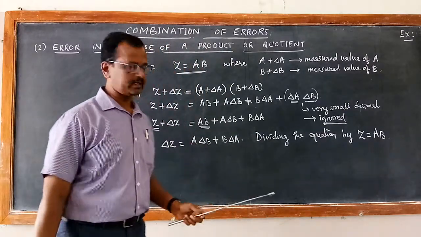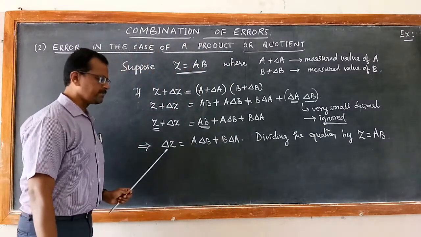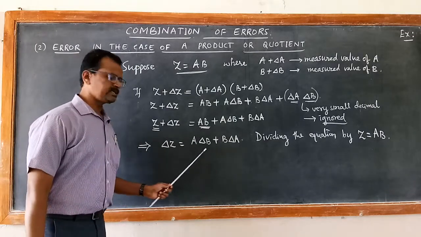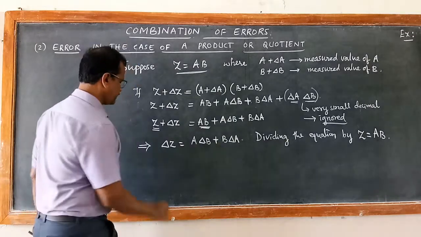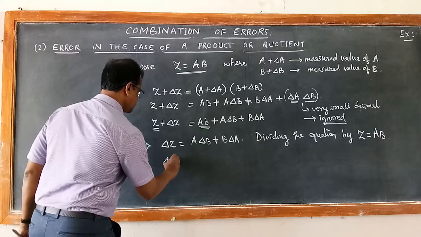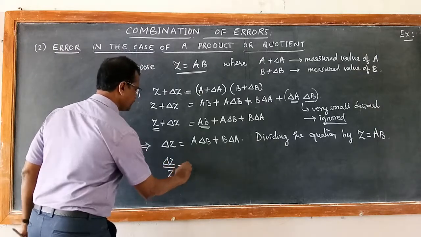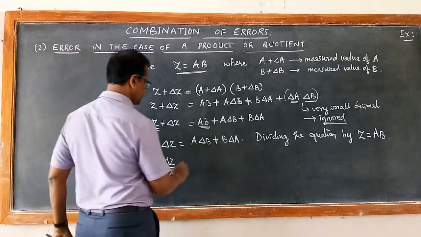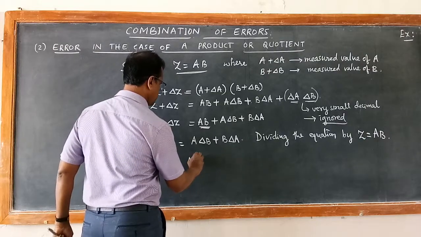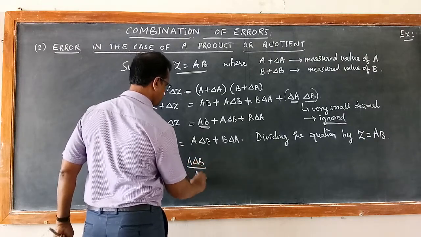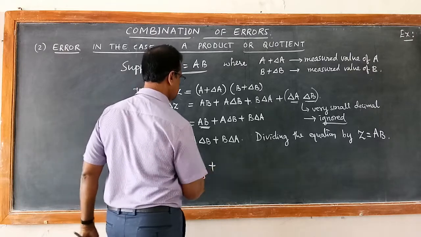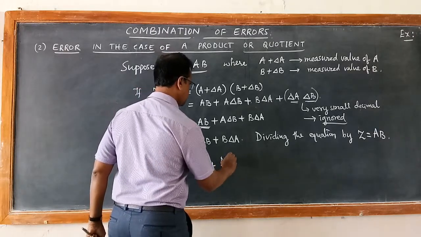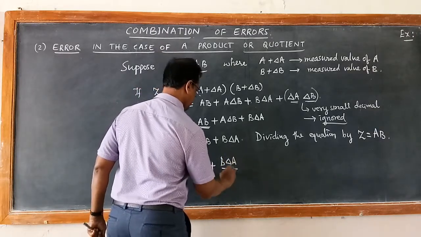I think you got the point. Dividing left hand side by Z and right hand side by the product AB, we get delta Z by Z, which is the relative error in Z, is equal to A delta B by AB plus B delta A by AB.